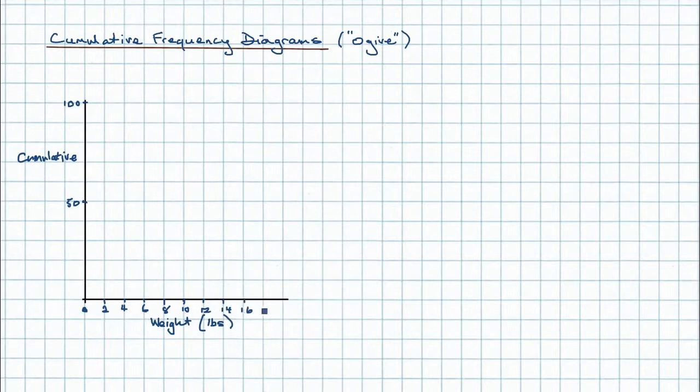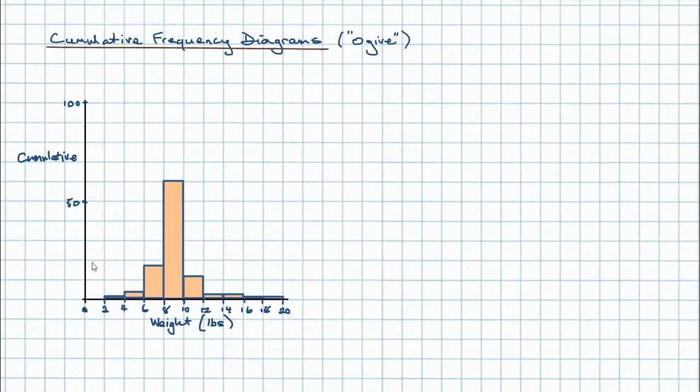So that's numbered our x-axis, the horizontal axis. And now we need to fill in the data. So the data that we had gave us a histogram that looked like this. So there was just one cat that weighed between 2 and 4 pounds.